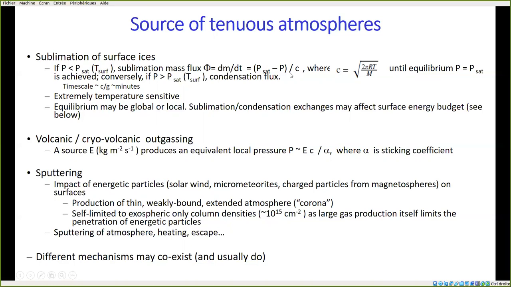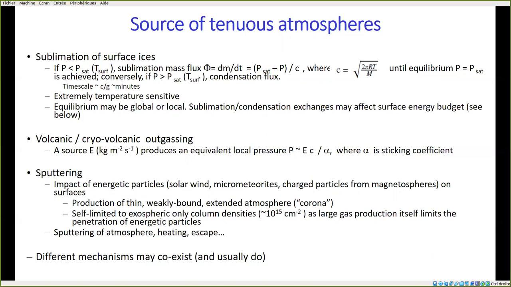And conversely, in regions where the pressure exceeds the vapor pressure, there is a condensation flux until the two pressures become equal. So this equalization of surface pressure to the saturated value is a fast process which happens on time scales of minutes only.